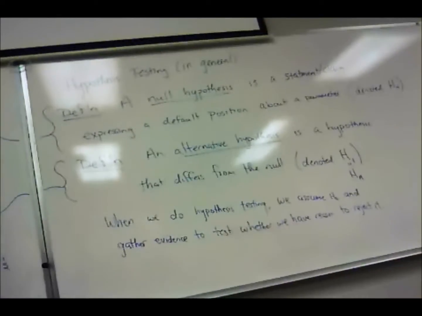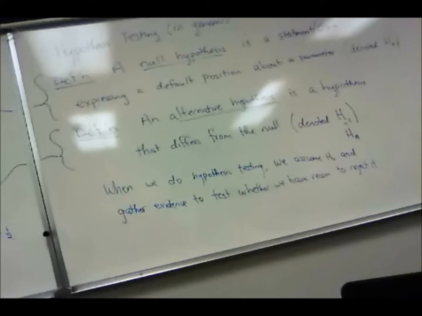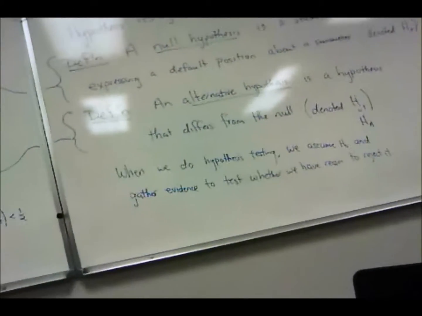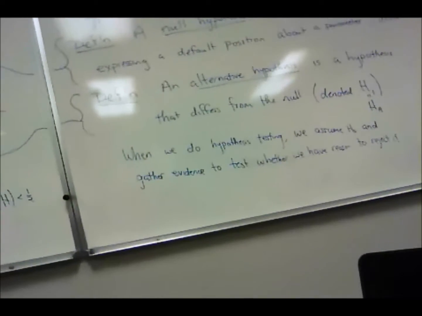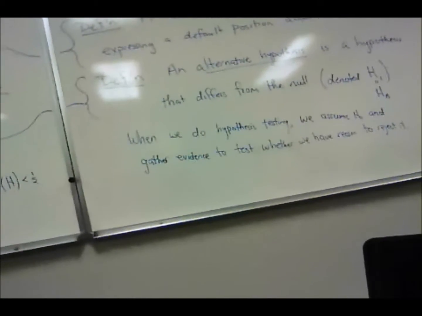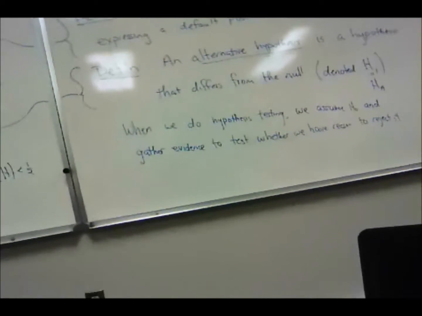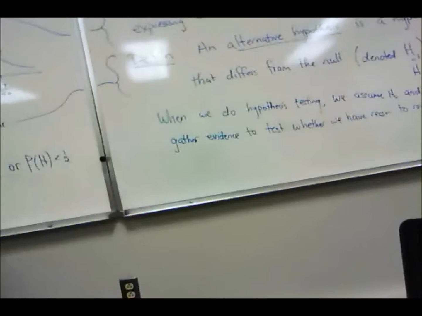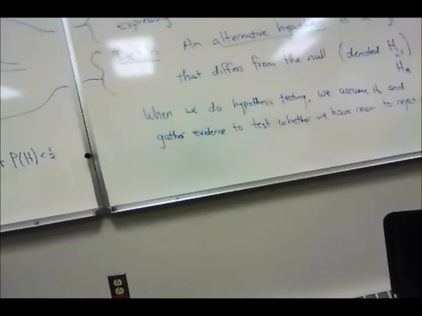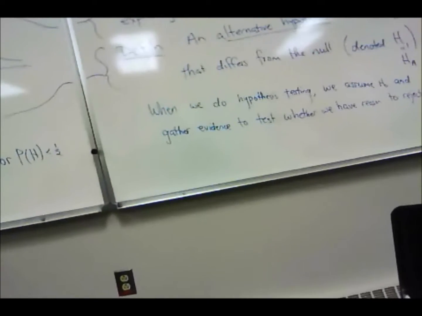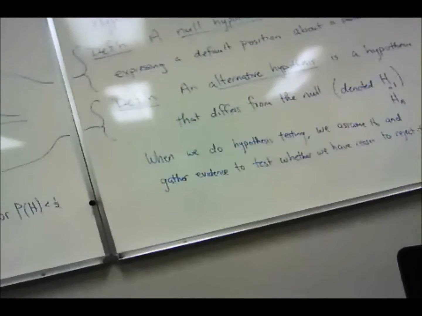And what are we rejecting it in favor of? The alternative hypothesis, right? There's not really much you can say if you reject the null hypothesis in favor of the alternative. It's not like you can say, oh, the probability of heads is not 1/2, so it must be 1/3, right? You can only say that it's less than or greater than 1/2. And then you might conduct another test, right? Is it equal to 3/4 or something, and then check that.